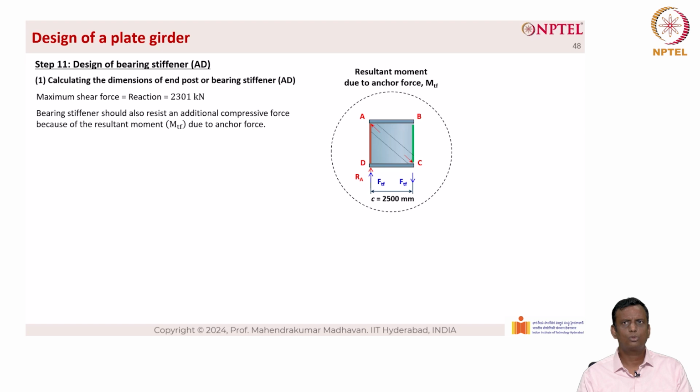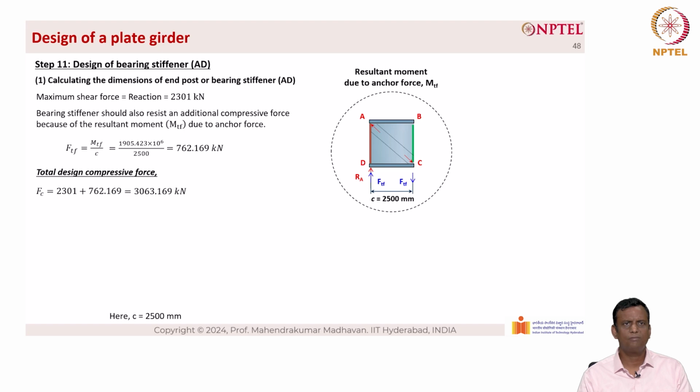So we have to divide the MTF by the spacing between the stiffeners, which is 2500 mm. When we do so, we get a value of 762.169 kilonewton, which is the additional anchorage force. So the total design compressive force is 2301 plus 762.169, which is equal to 3063.169 kilonewton.